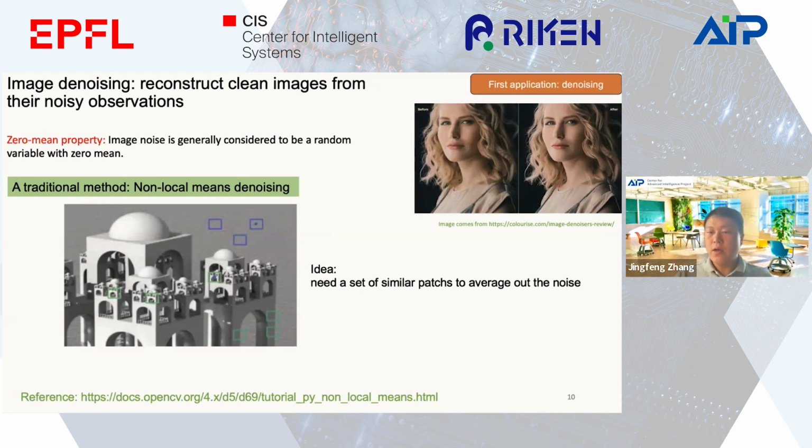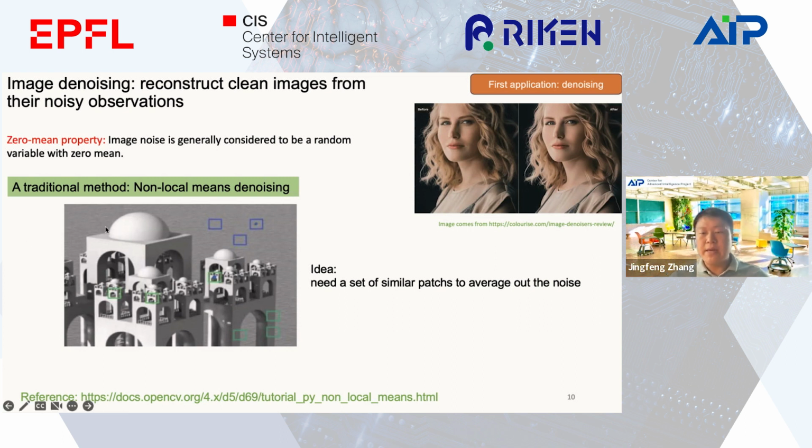For example, if we take a large number of pixels and compute their average, the noise should be cancelled out. Otherwise, the noise will affect the brightness of the image.